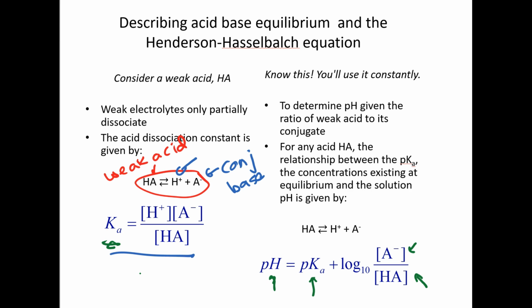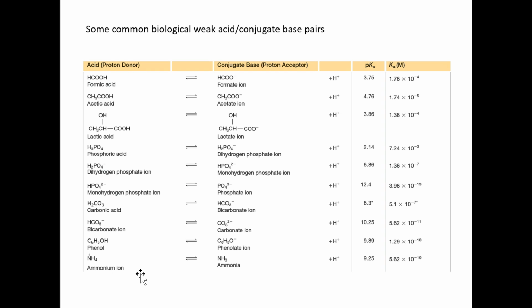So let's see if we have some good examples of this. This is just a bunch of common weak acid conjugate base pairs that you'll see in biological systems. You'll see formic acid and formate, acetic acid and acetate, lactic acid and lactate. And one of the things you'll notice throughout the semester is that we'll have a lot of 'ates'.